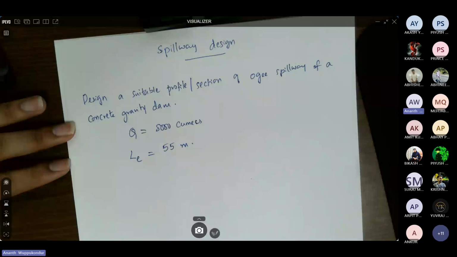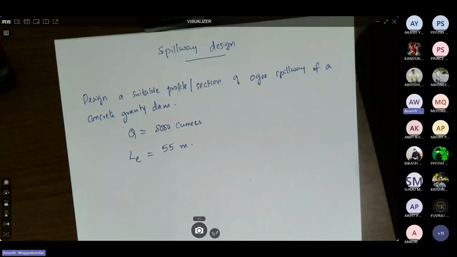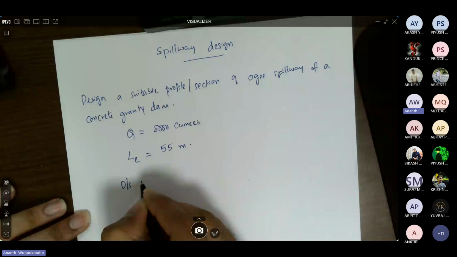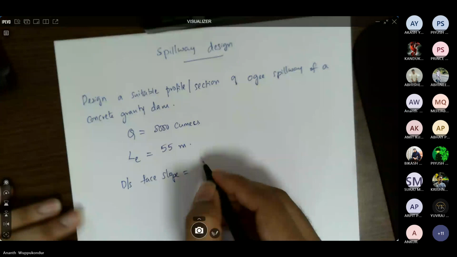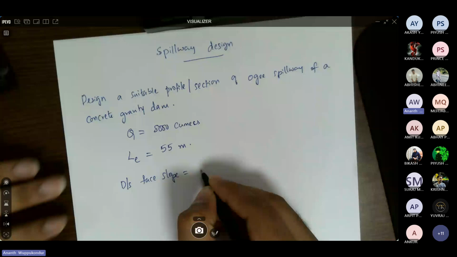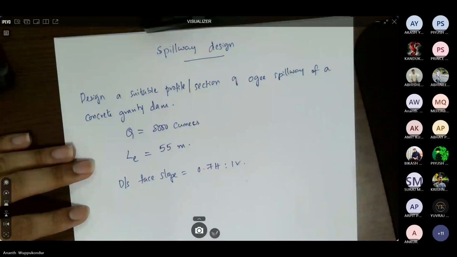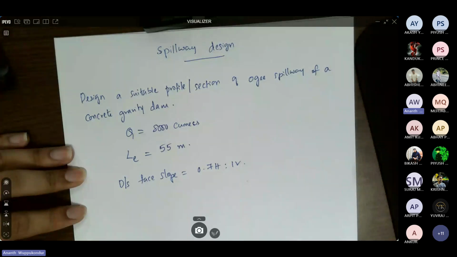So using this information, we need to find a suitable profile. We are also given that the downstream face slope is 0.7 horizontal to 1 vertical. So this is the data that we are given, and we need to calculate what would be the profile.